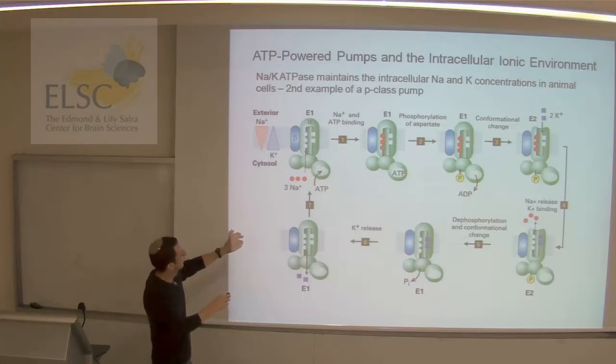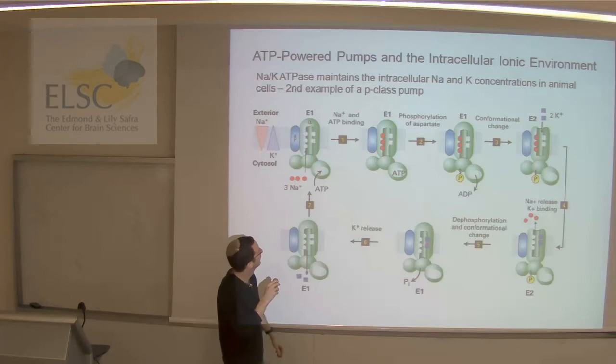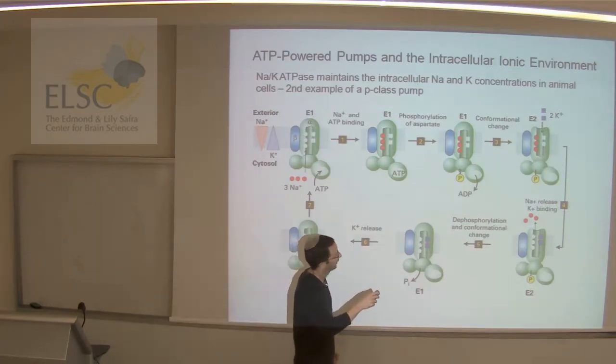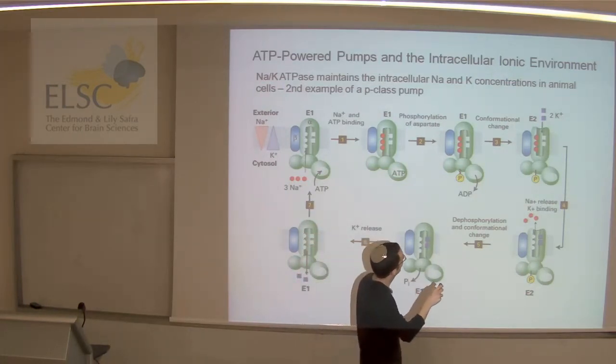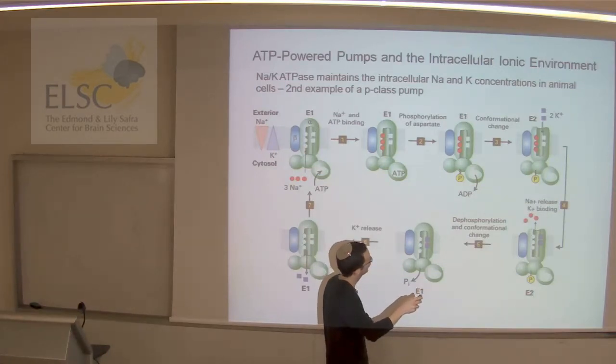So this time, it's a very similar mechanism. In the E1 state, you have high affinity for binding of three sodium ions in these binding sites, together with ATP hydrolysis and phosphorylation on an aspartate residue, which gives us the energy required for the transition between E1 and E2, right here, the conformational change.